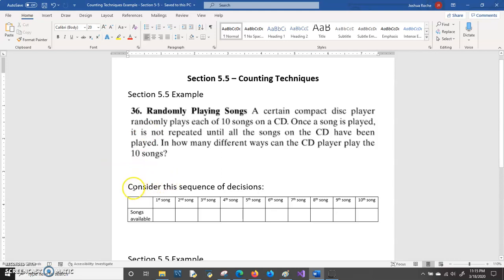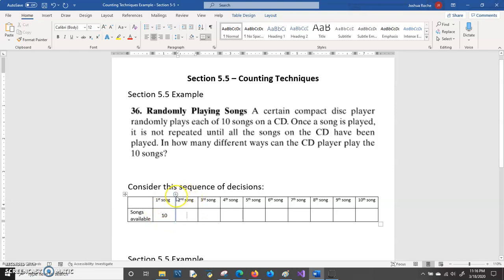So you could think of this as a sequence of decisions made by the CD player. The CD player has to decide what the first song is going to be, and it has 10 songs to choose from to start with. It plays a song.